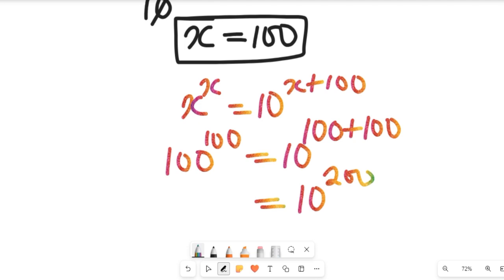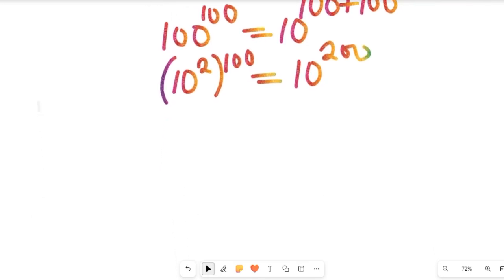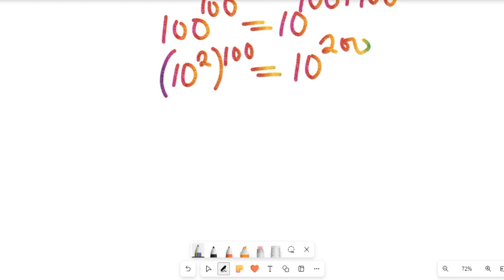Now remember, 10 to the power of 2 is equal to 100. So we have 10 to the power of 2, all raised to the power of 100. So we have what we call the power of a power. Since we have a power of a power, according to the rule of exponents, the exponents will multiply.